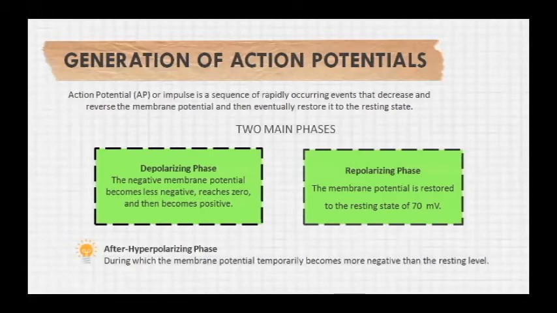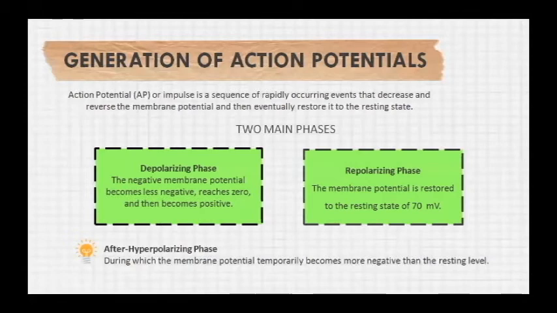It is just about going back to the resting membrane potential. Then there is what we call the after-hyperpolarizing phase, during which the membrane potential temporarily becomes more negative than the resting level. Meaning, this is the phase where the membrane potential became the most negative compared to the rest of the phases.